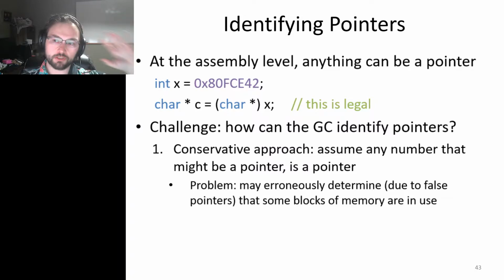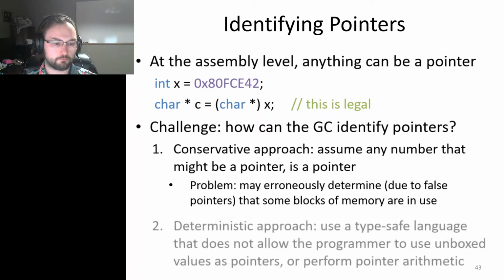Every single value in the stack's memory range that fits that, we'll start by assuming that it might be a pointer. Then we ask, does it point into the heap? If it does, then we just assume it's a pointer, and we make sure that any object it's pointing to isn't an object that we're going to delete.